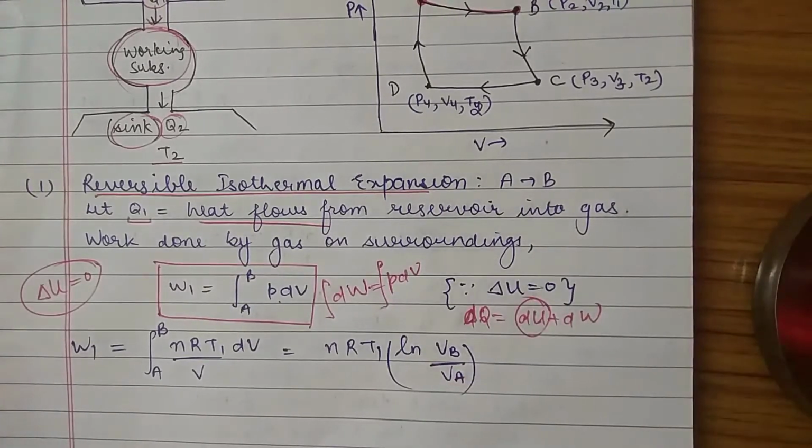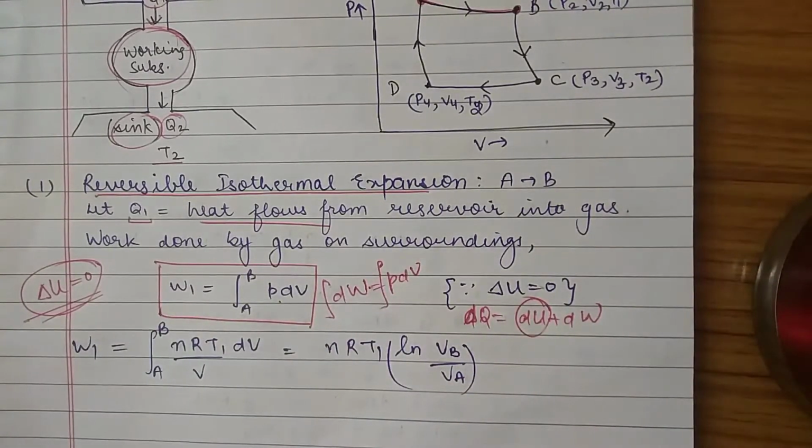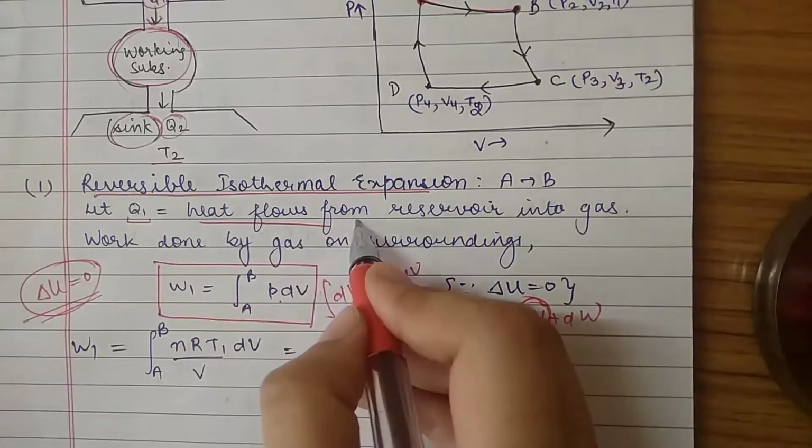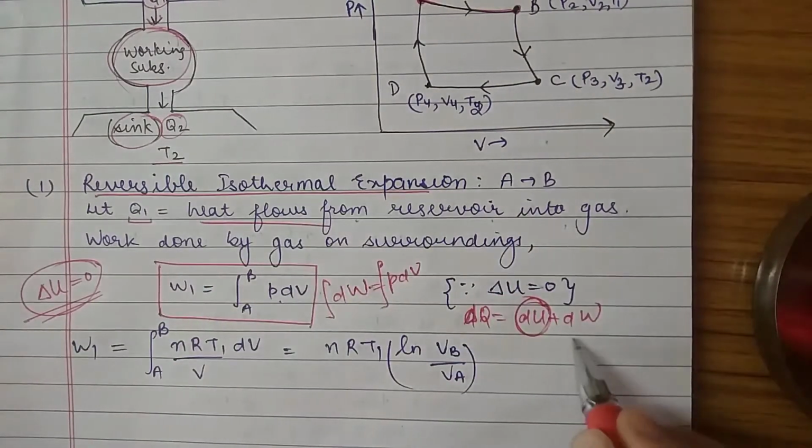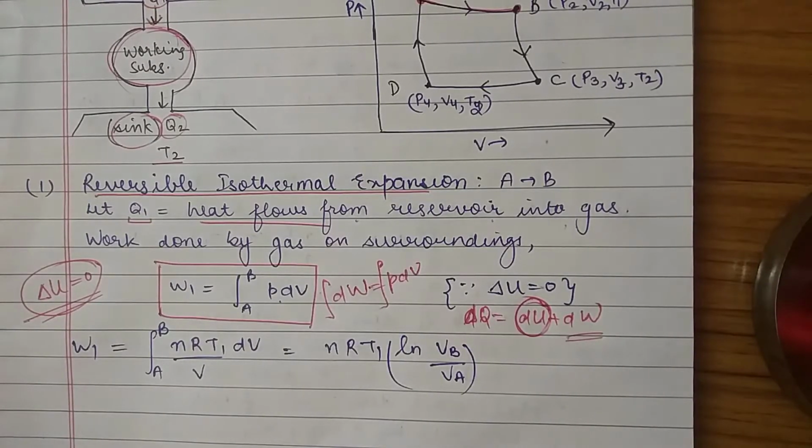Here dU is equal to 0, so the heat flowing from the reservoir into the gas will be equal to the work done by the gas on the surroundings.